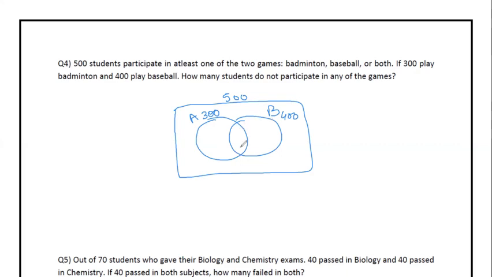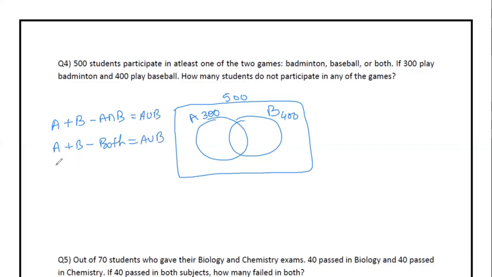I know that out here, if I had asked how many students play both the games, then I could use my A plus B minus A intersection B, or in other words, A plus B minus both is equal to A union B. I could use that and get my answer.